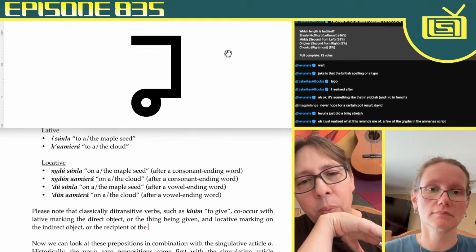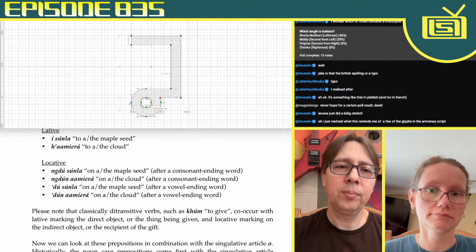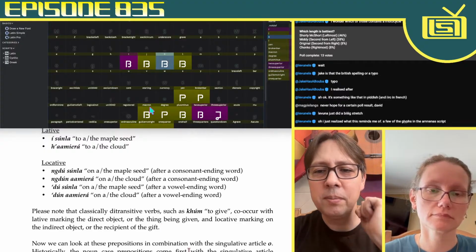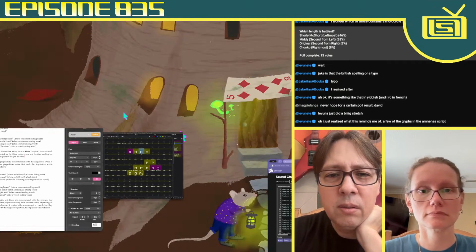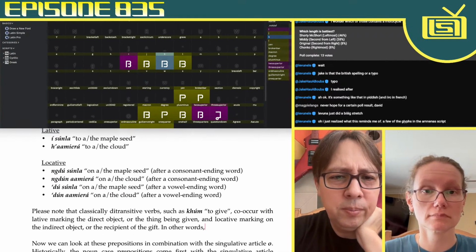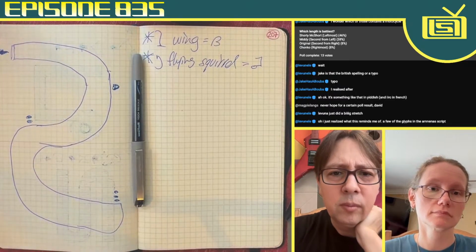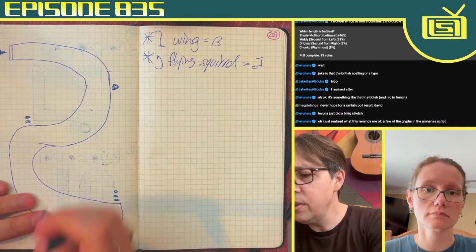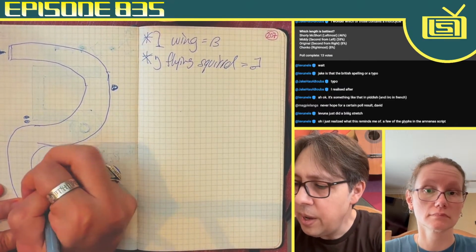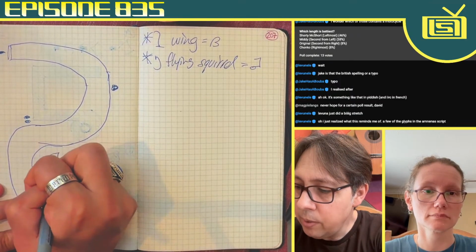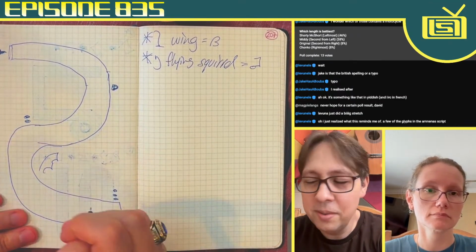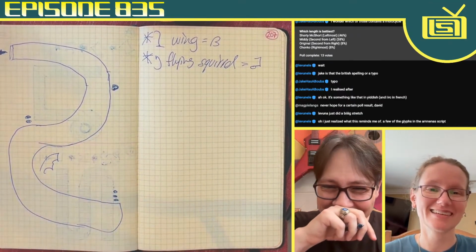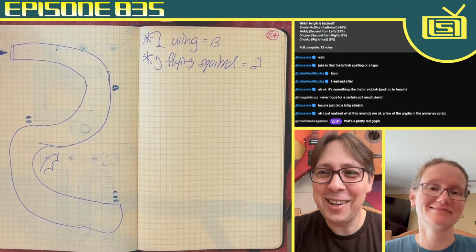I don't know if it rounds or not. You know what I'm saying? So here's the question. We had this bat wing. Wow, that's a heck of a bat wing.